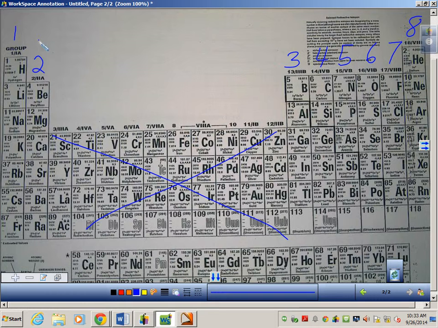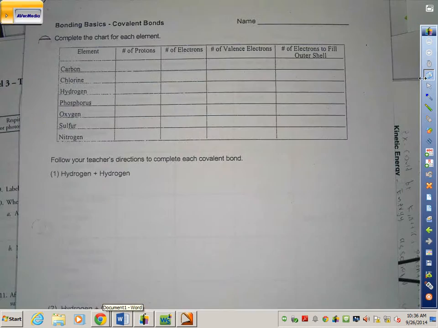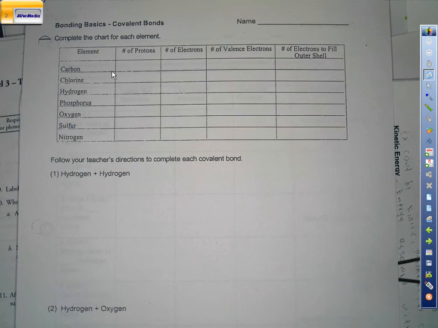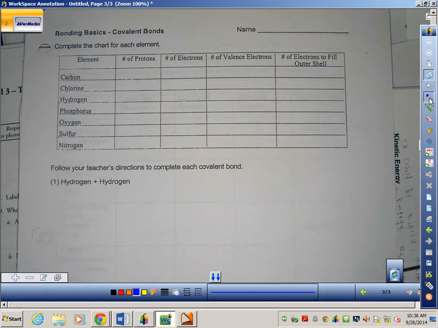Okay? Let's jump back to that table real quick, your homework, the one that I gave you, since you all now have your periodic table in front of you, and you have your families labeled. I want you all to look at carbon on the periodic table.